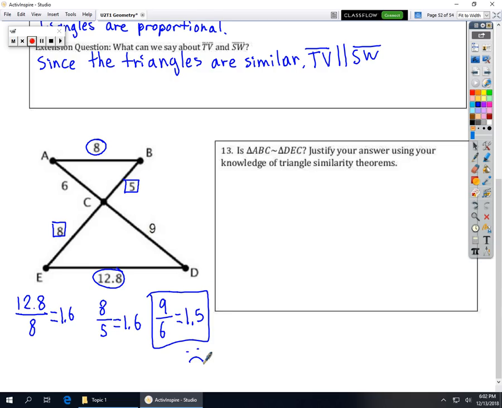So in this case, they are not similar because all three sides do not have the same scale factor. These pairs of sides were great. This one ruined everything. So they're not similar.